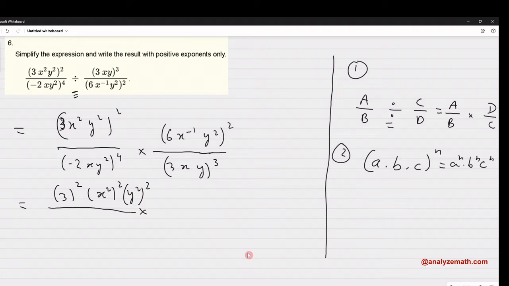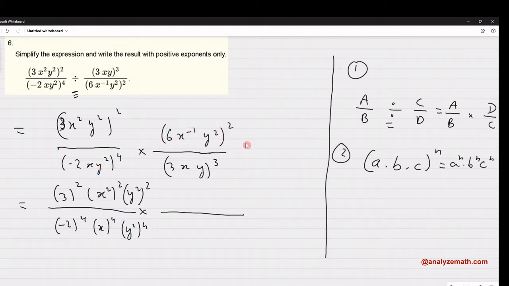Now let's go down and do the same thing. Here we will have negative 2 power 4, x power 4, y2 power 4. I split with the power 4 everywhere.